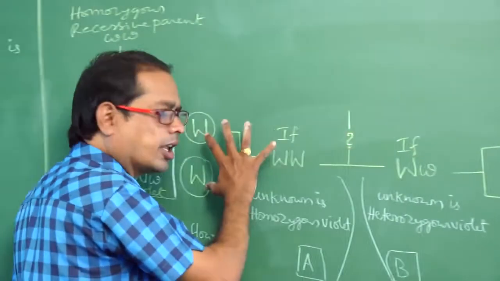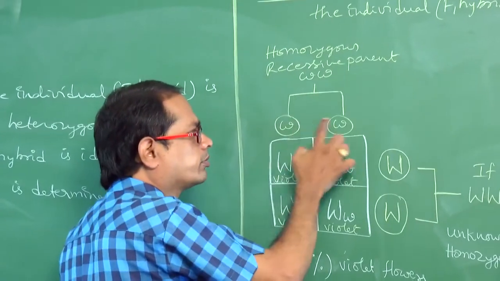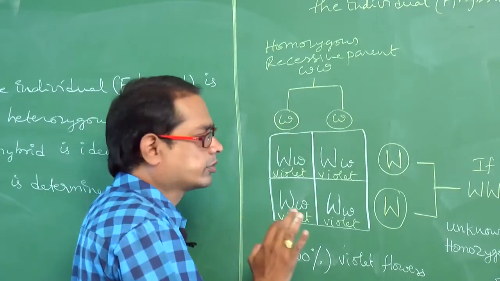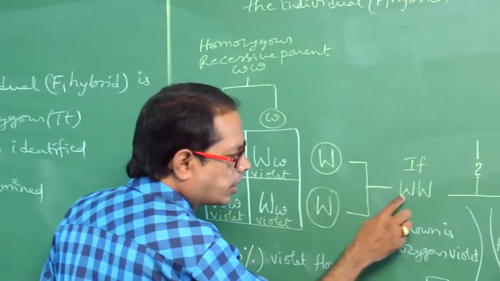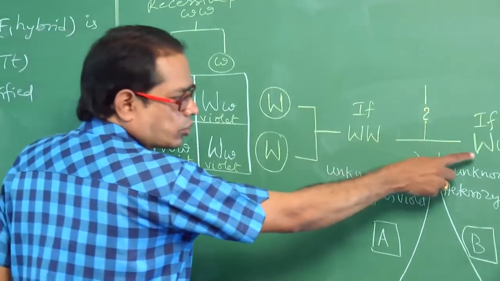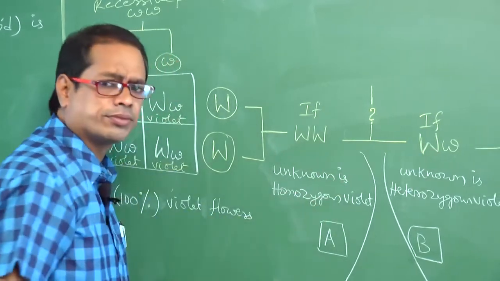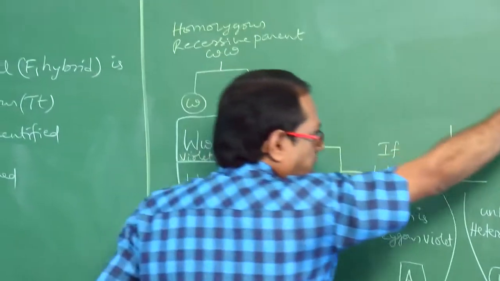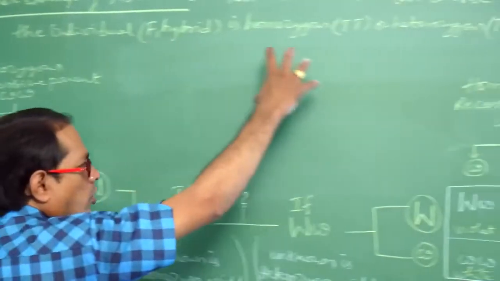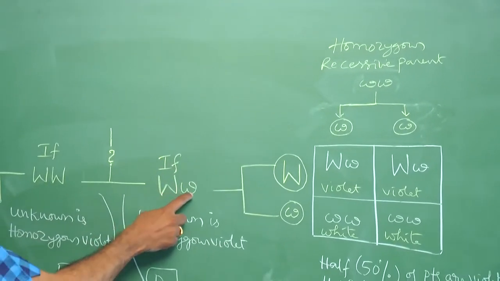And here, look, the homozygous recessive parent is small w, small w. Types of gametes: small w, small w. If the unknown is capital W, that is homozygous violet. This is homozygous violet. This is heterozygous violet. The homozygous recessive parent is common in these two crosses. Here the F1 is taken as capital W, small w.